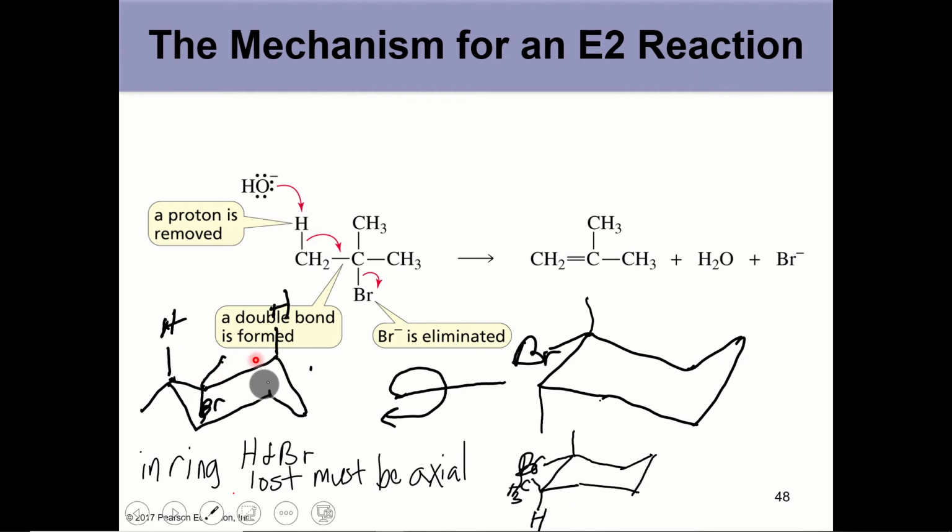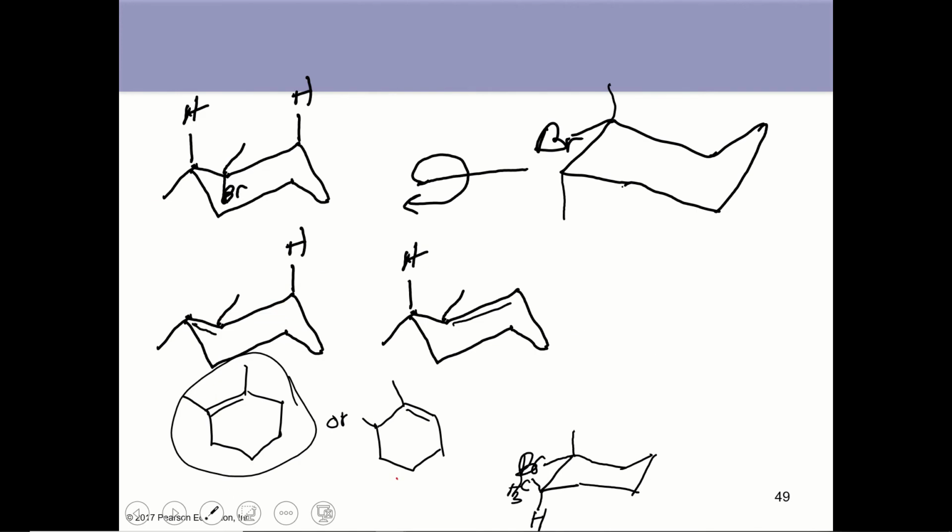So is the pi bond going to form between these two carbons or these two carbons? The answer is that the major product is going to be the more substituted pi bond. You have to pick what's going to result in the most stable product. Remember, the most thermodynamically favorable product, the most substituted pi bond, will be the major product.